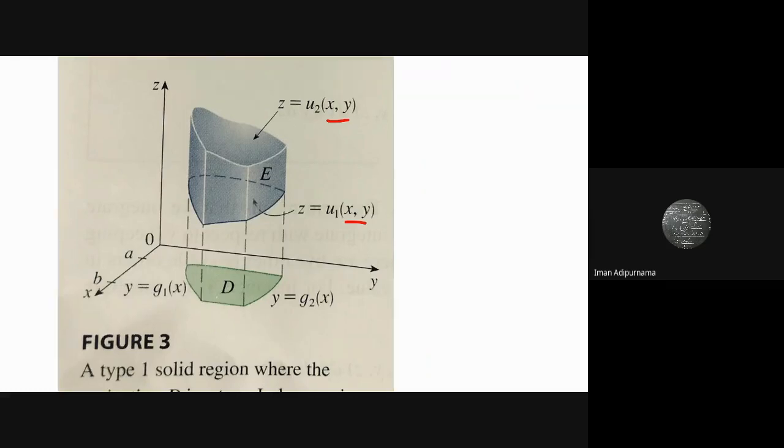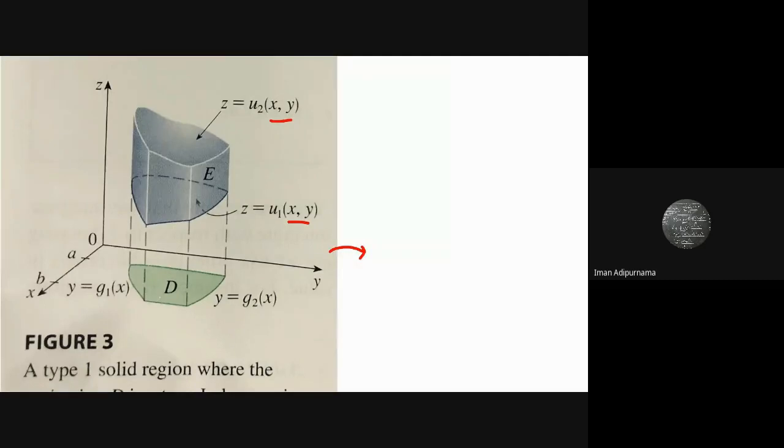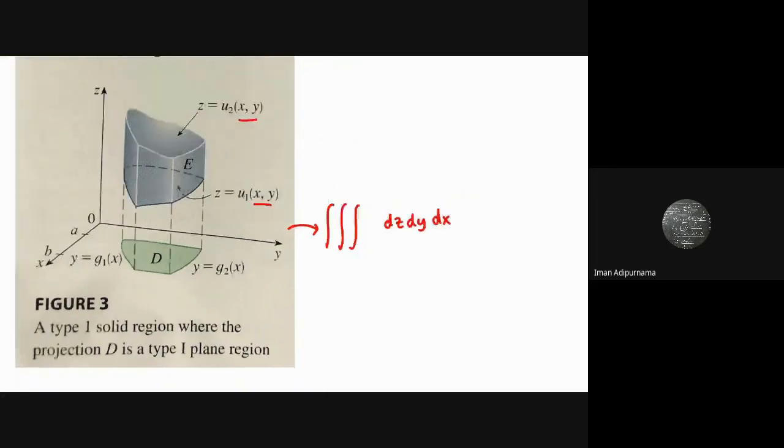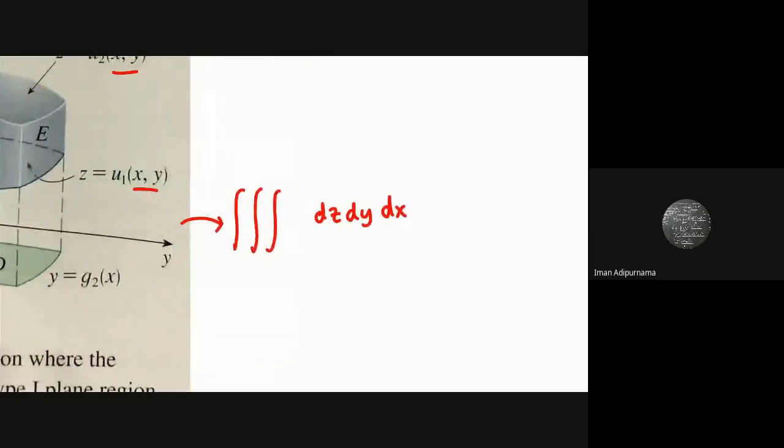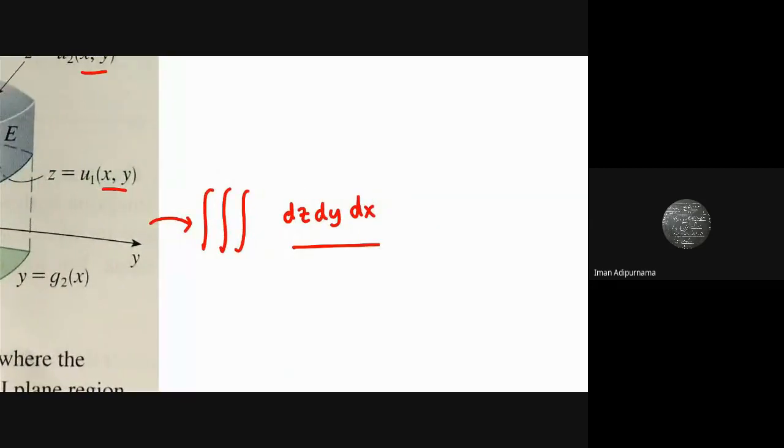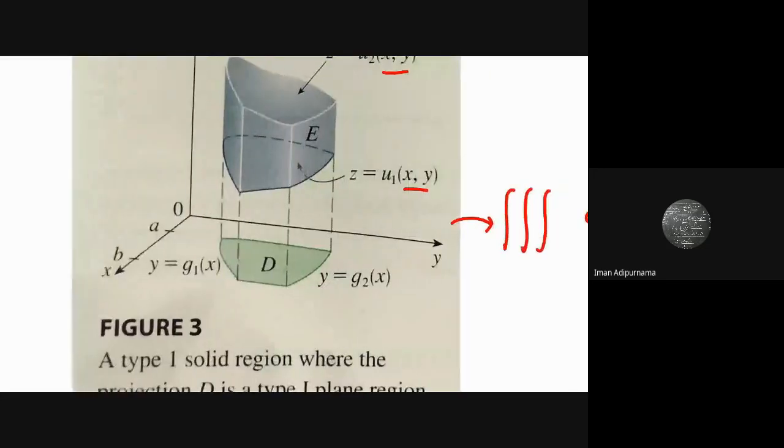So here you can take x as a constant. So this should be dz dy dx, right? Okay, got it? Hope you get why I'm treating this as dz dy dx. Because from D, you get y as a function of x, so y should not be a constant.